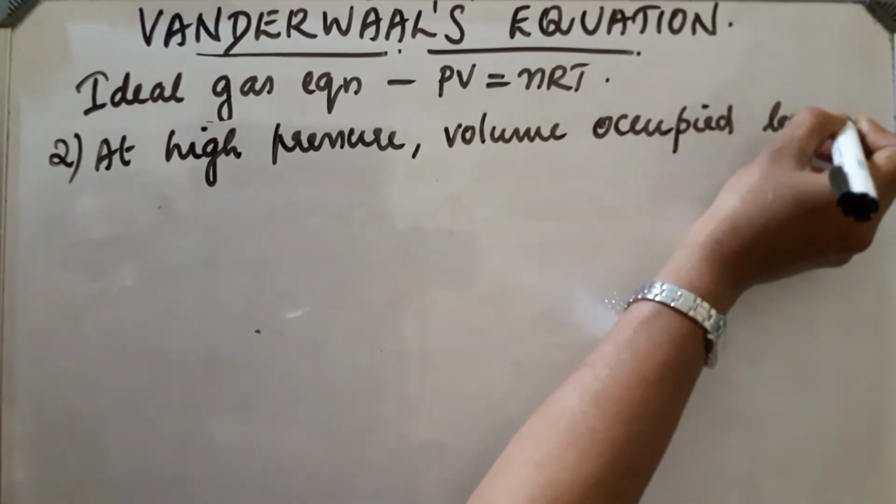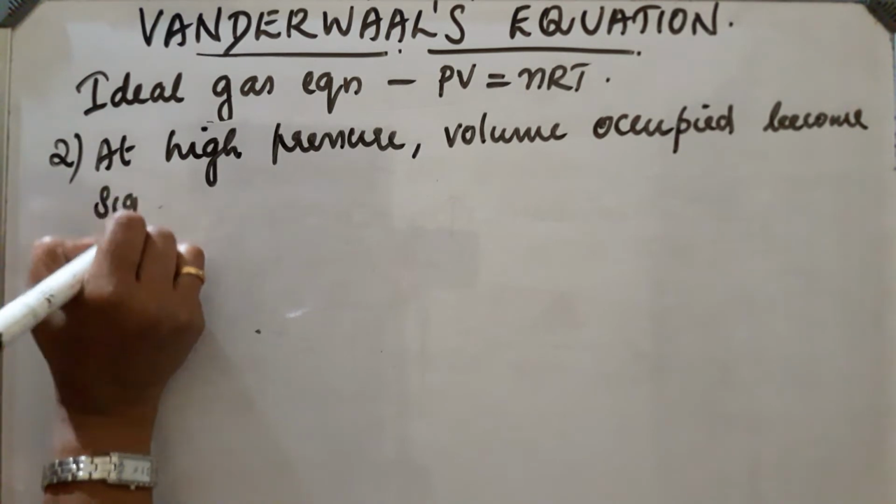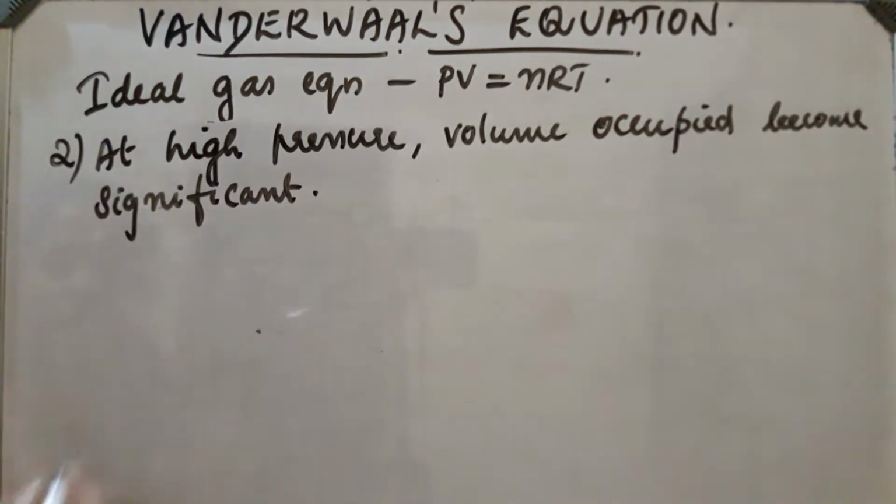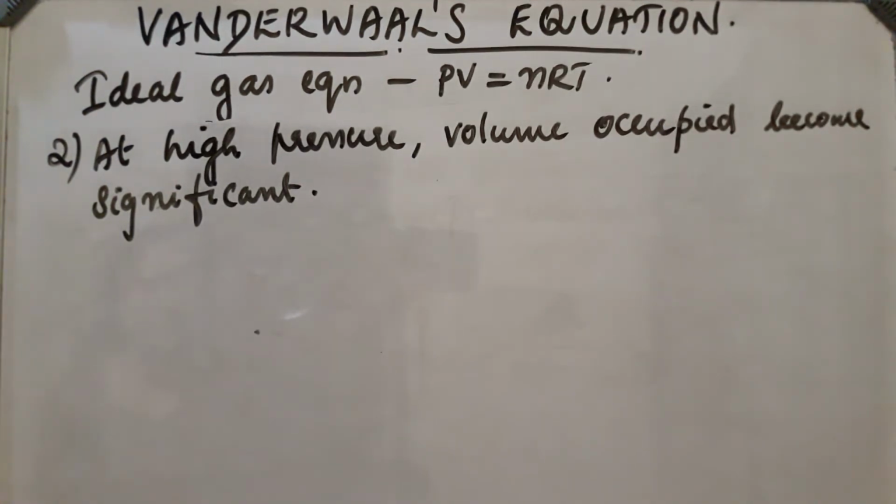That is, the volume decreases and the volume of the molecules becomes significant, and the volume of real gases will be equal to V minus nb. We have to subtract a small term from the volume of the ideal gases.